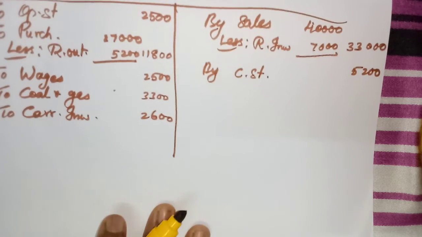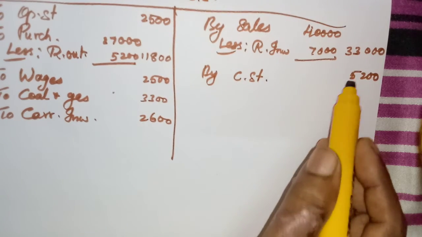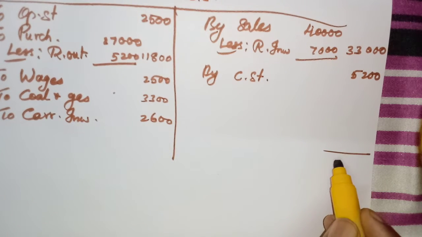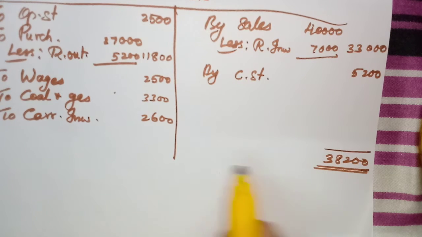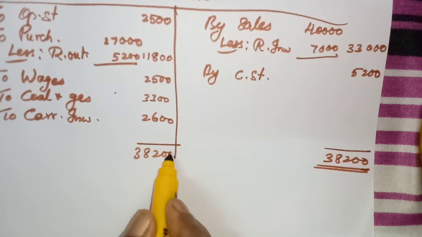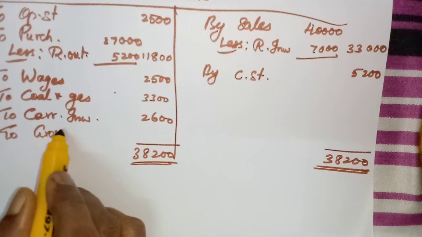Now we will balance this one. Here the credit side is 38,200, and the debit side is less, isn't it? So we will add. Same amount you write here also, 38,200. Then to gross profit carry down.